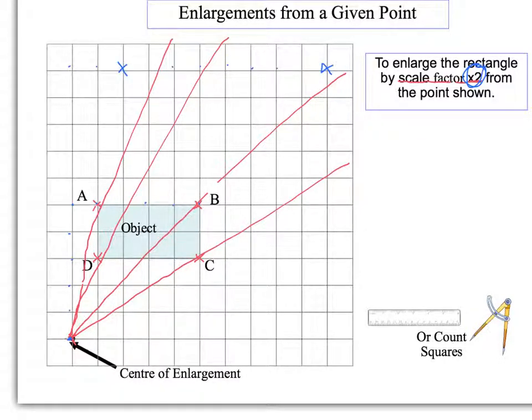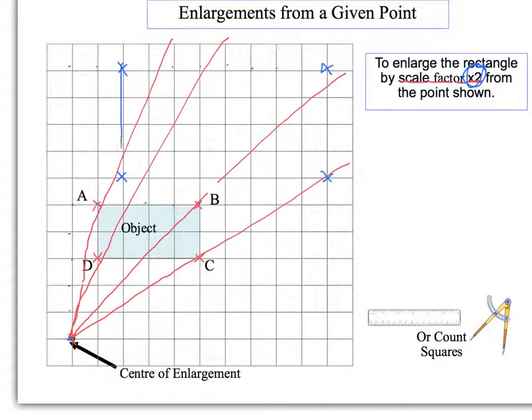We can repeat this with the other 2 points, D and C. D, 1, 2, 3 up, 1 to the right. So it's 6 up and 2 to the right, and C should be just here, right.